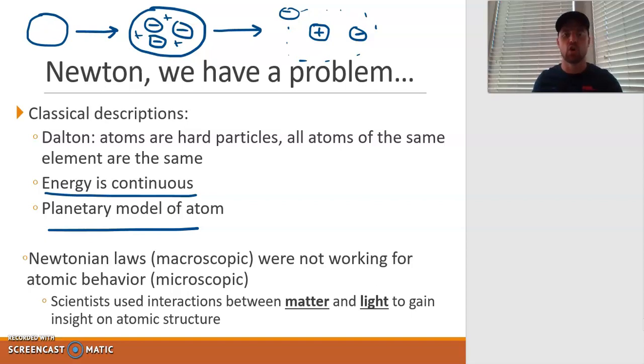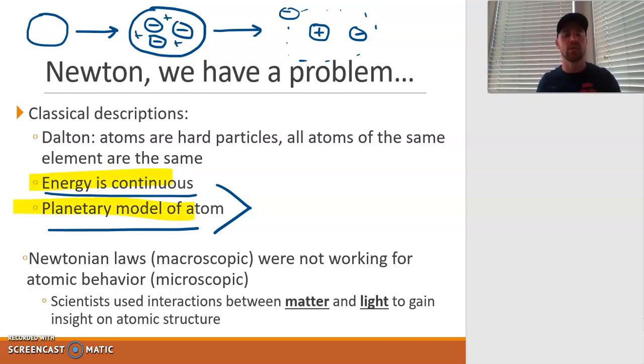These two models quickly were not working. Once we started looking at the behavior of the atom a little bit closer, we quickly realized that these models that worked for bigger things like planets and moving cars were not working for small things like the atom.